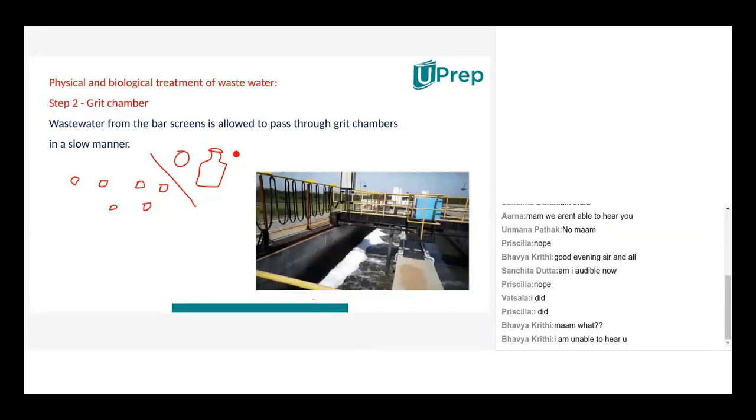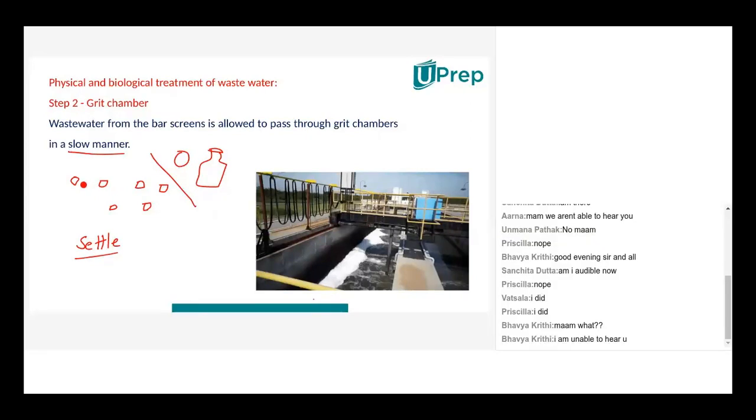Now at the grit chamber, they are also filtering the smaller ones, smaller than the bottles, right? And here all the water that has been allowed from the bar chamber is allowed to settle. That's the reason why they're sending the water in a very slow manner.